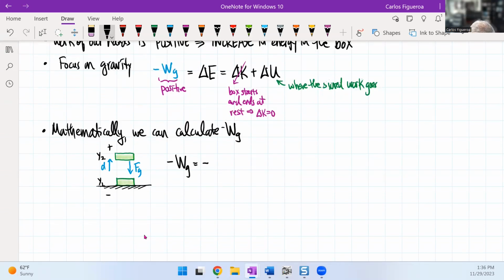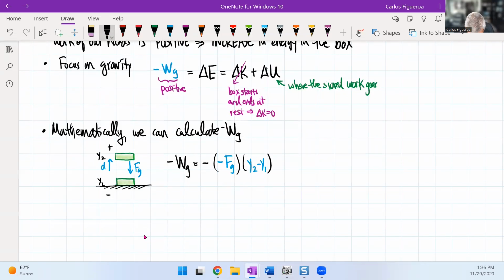you can see that the force of gravity here is automatically negative, and the distance it travels is going to be from y1 to y2 right here.